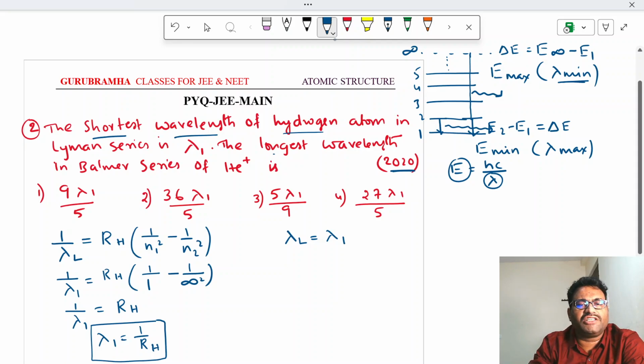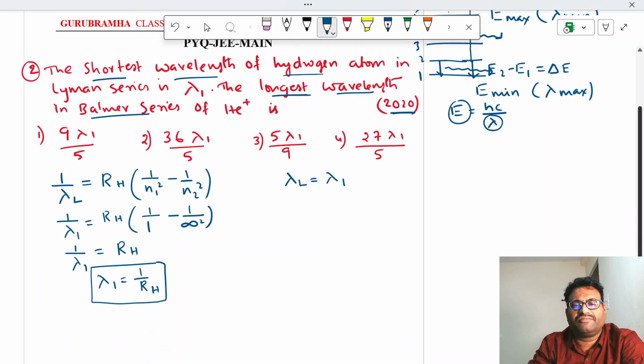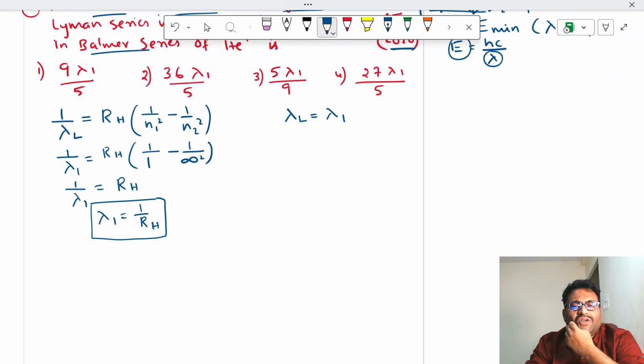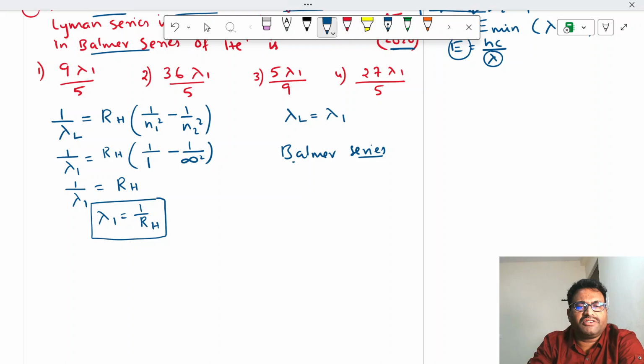Then here the longest wavelength in Balmer series is asked. The question asked is the longest wavelength. So let us take Balmer series. From higher energy orbit to which energy orbit is the electron de-exciting? Let us take 2, 3, 4, 5, infinity.